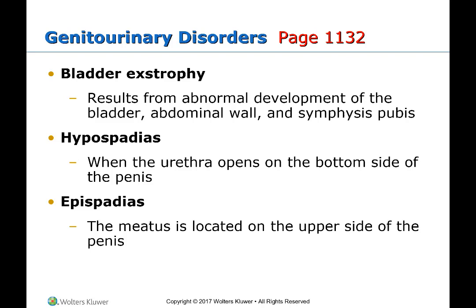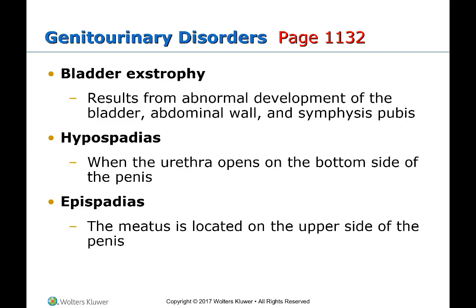Next one we have is hypospadias. And what are they talking about? The urethra opens on the bottom side of the penis. So would this make it more difficult? You have, let's say, a youngster that you are potty training. Your aim would not be very good.